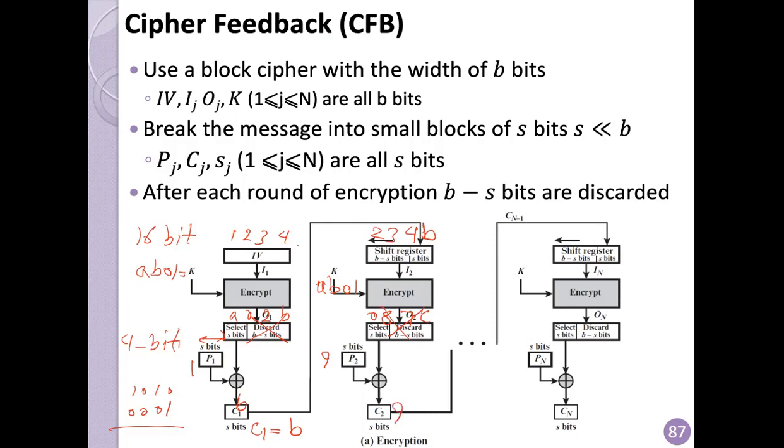We get 9. And 9 is going to be applied to the input of the next level. So what I get for the next level is going to be B439. This is the input of the next block of the algorithm, and so on.